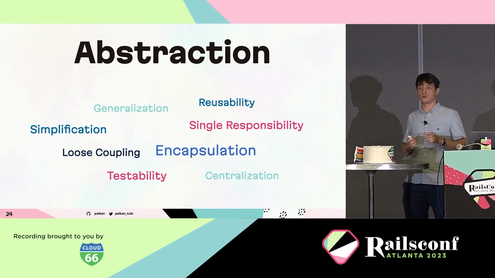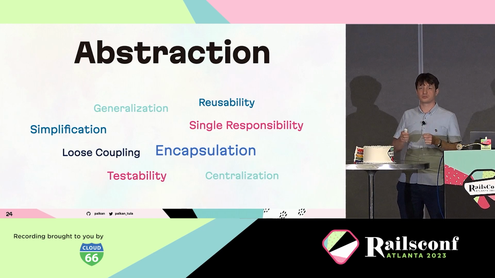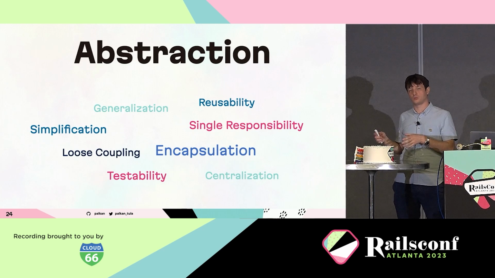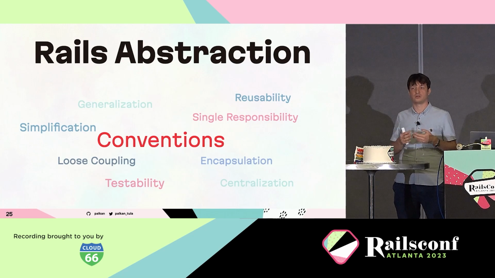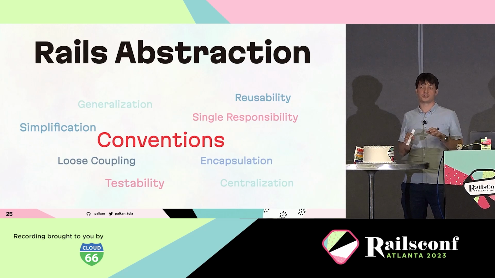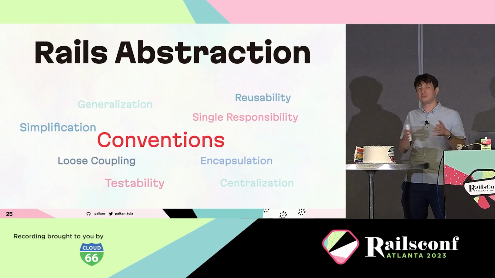But for Rails, we add one more characteristic, which I think is actually the most important, to make our abstraction play well with the framework. It's using conventions, relying on conventions. And that's kind of a dual property. On one hand, when you introduce a new abstraction, make it conventional, introducing a convention with this abstraction. It could be a naming convention or whatever. So there are multiple ways to do that.